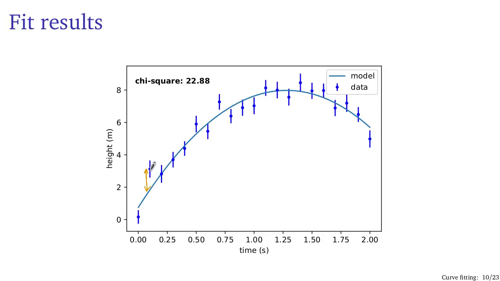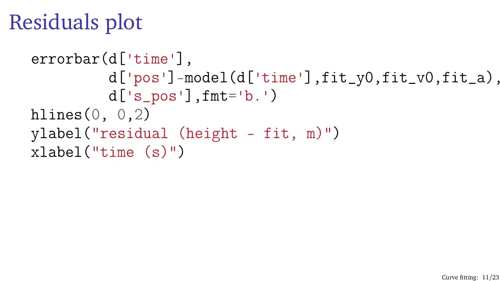So this point would have a relatively large positive residual. This point would have a relatively large negative residual. If I plot these residuals and I can see something funny happening, well, then I know something is wrong with my fit. So we're basically replotting the data set, but instead of the data just by itself, you're subtracting off the model fit results, evaluated at the locations of the data set.